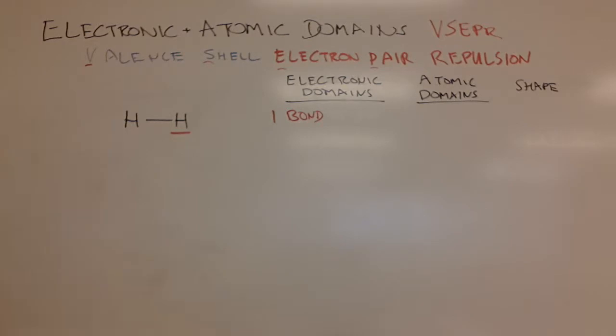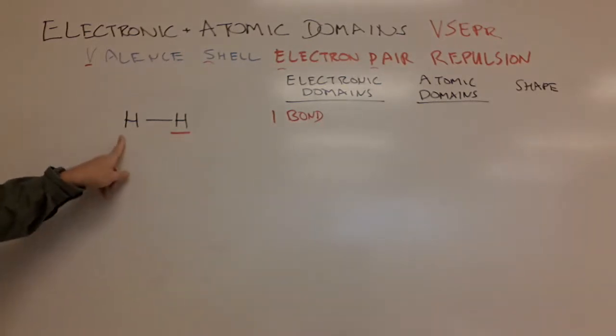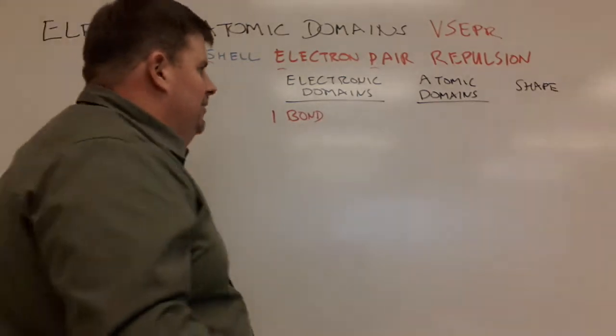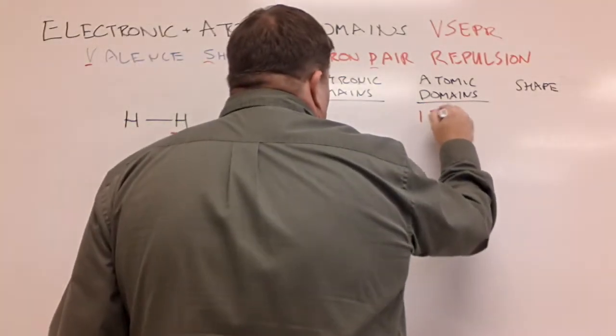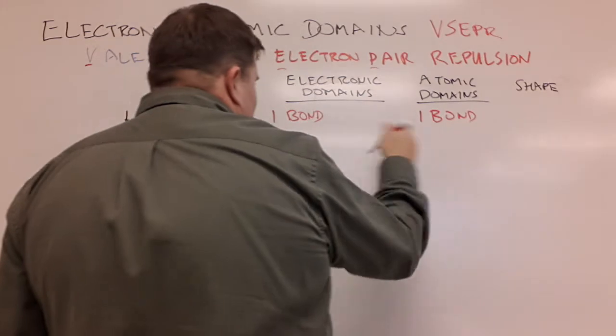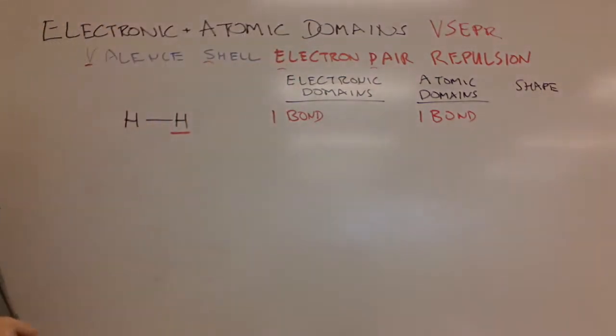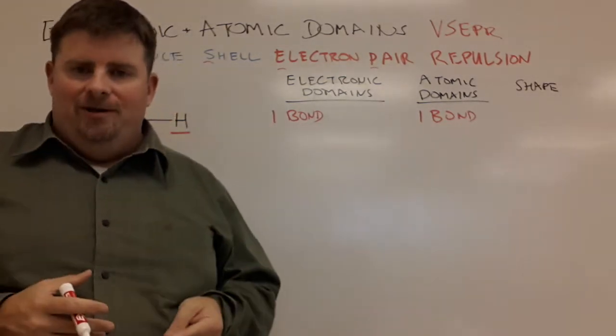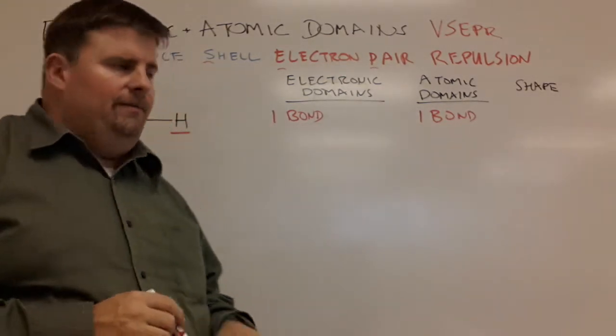But what's it bound to? It's bound to an atom. So since it's bound to an atom, it's going to be an atomic domain. So one bond. Since the bonds are the same, I don't have anything else that's going to perturb my shape. The shape is going to be pretty straightforward.